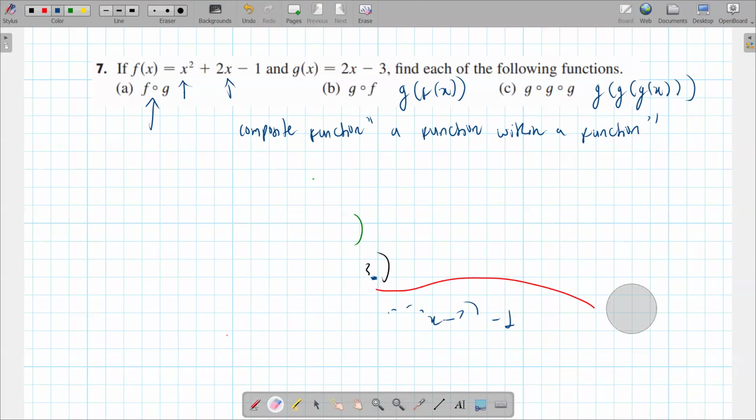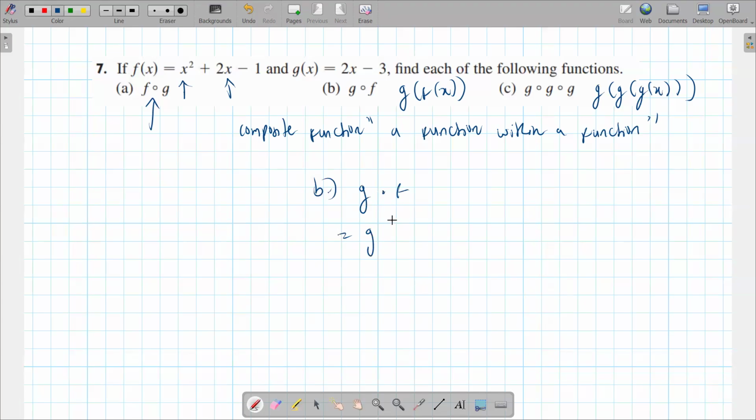Why don't you help me with B? So we know we're doing g of f of x. What's the next step? The outside part, you're not allowed to touch it. So g stays there as it is. But on the inside, you can replace f of x with what it actually is.